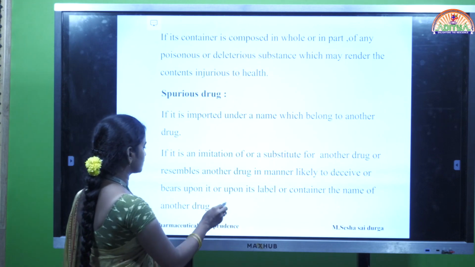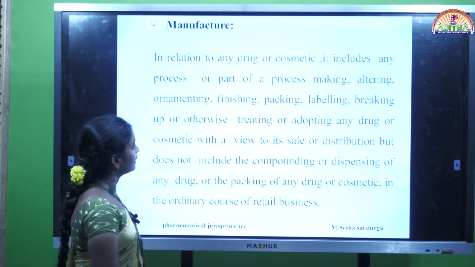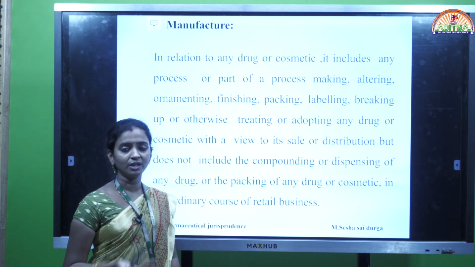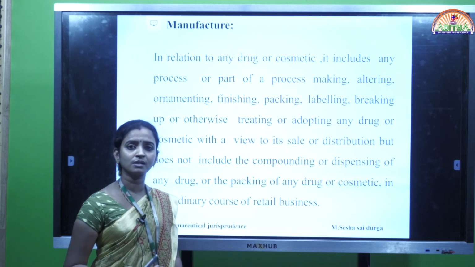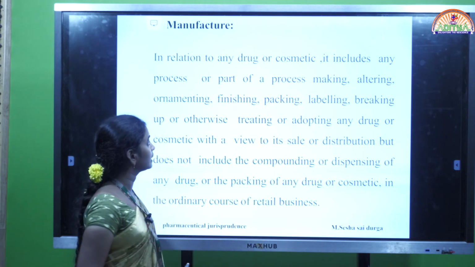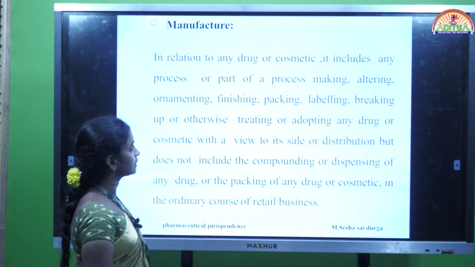So this is about the spurious drug. And next, manufacture. Manufacture means nothing but formulation. As a pharmacists, we prepare different types of dosage forms. That is manufacturing. See the definition once.